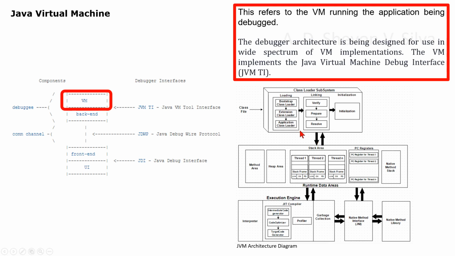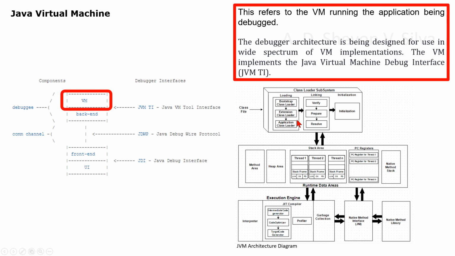Loading. Classes will be loaded by this component: bootstrap class loader, extension class loader, and application class loader are the three class loaders that will help in achieving it. Bootstrap class loader is responsible for loading classes from the bootstrap class path, nothing but rt.jar. Highest priority will be given to this loader.